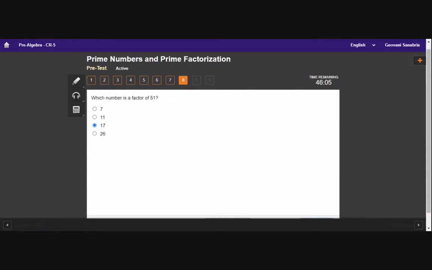So what is a factor? So I can write it down. A factor is, like how you said it. There's 2 different ways that I said it. So one way is a factor is a number that you can multiply to another number to get the whole number that you're thinking of. Actually, this is probably easier to write out.